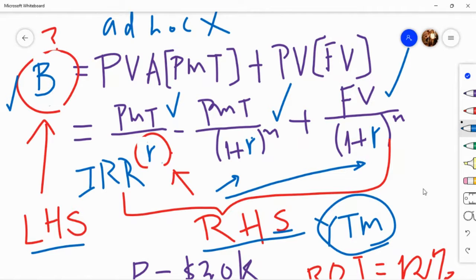Of course, there's a school or camp that says market price is highly efficient, so the market price is the intrinsic value. Now, that's just one hypothesis.